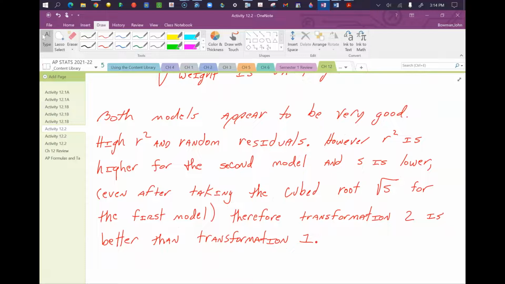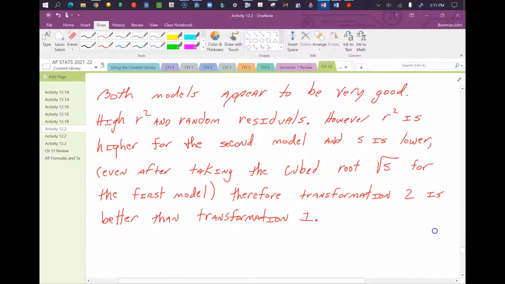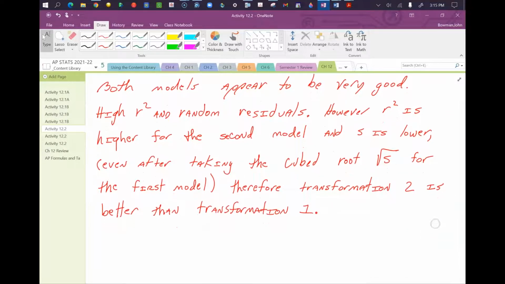High values for r squared, random pattern on the residuals. R squared is a little bit higher for the second model, and S is lower even after taking into consideration the cube root for the first model. Therefore, if you had to pick, transformation 2 is maybe slightly a little better than transformation 1. But that's basically the idea about linearizing data.